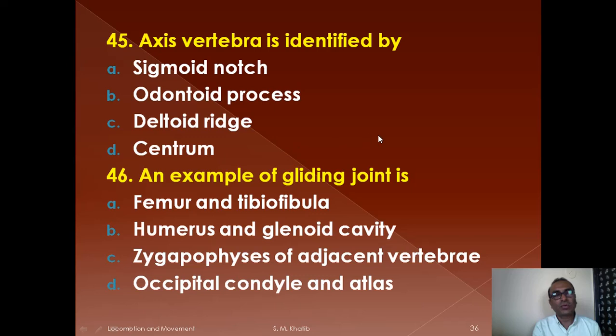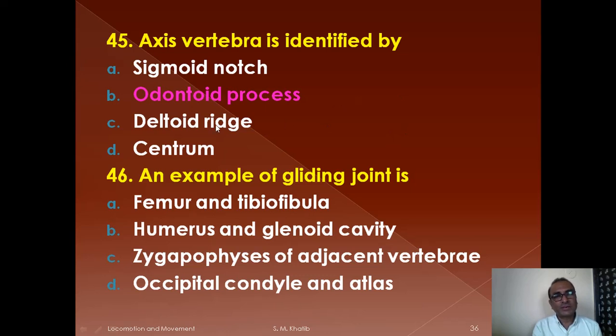C, deltoid ridge. D, centrum. Centrum is there in all the vertebrae. The axis vertebra has a process called the odontoid process. Odonto refers to the teeth-like process, which articulates with the articular facet of the ring-like atlas. So the atlas and axis articulate with the help of the odontoid process, which makes the axis unique. So B is the right answer.